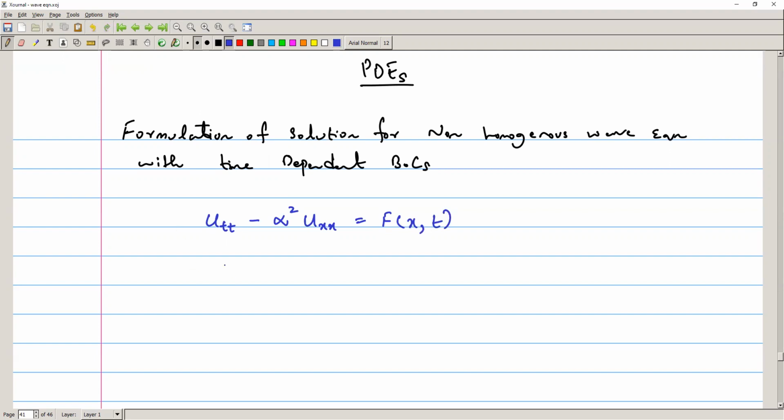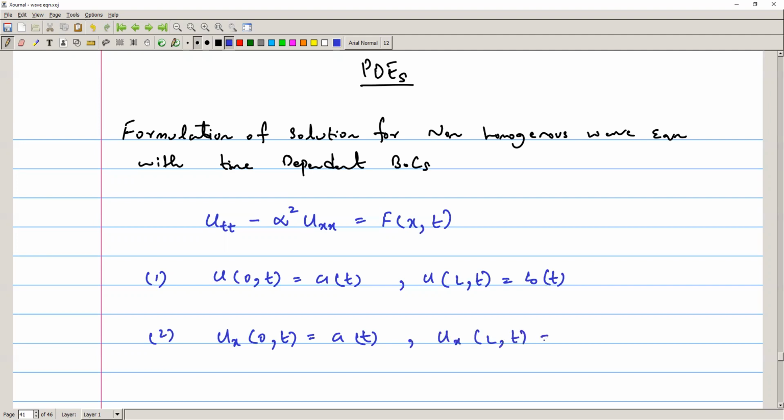All right, and the boundary conditions are given in this form: u(0, t) is a(t), and u(L, t) is equal to b(t). This is type 1, that is Dirichlet. Number 2, we have Neumann conditions.